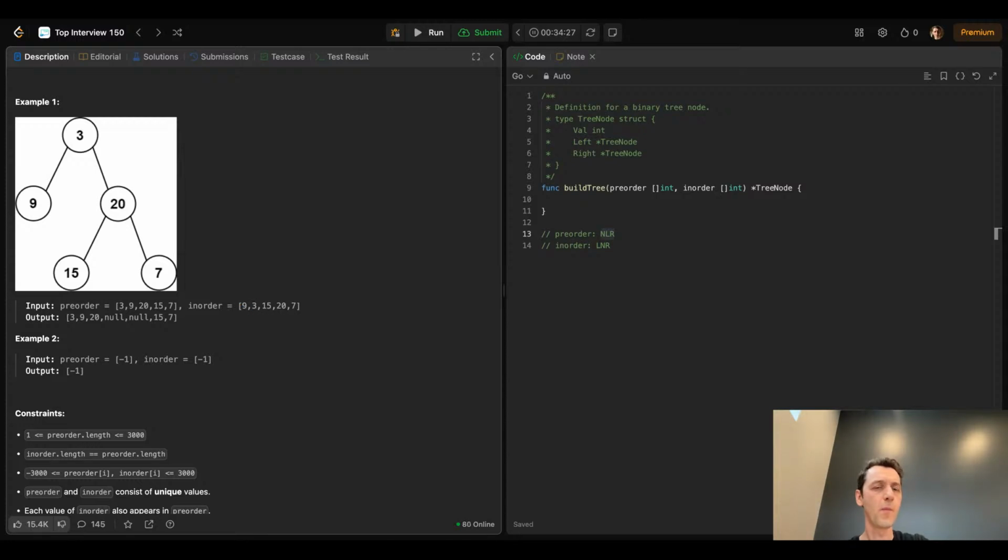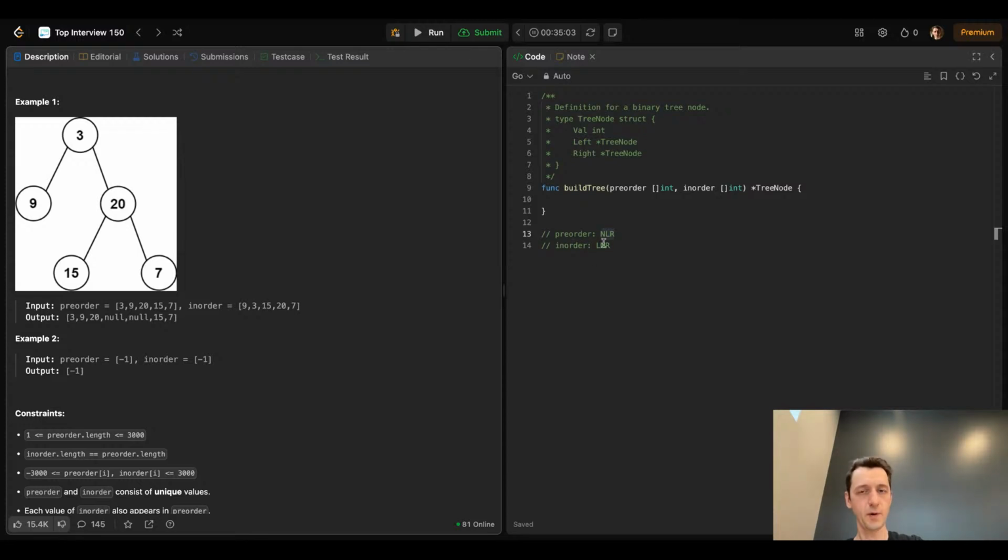But we know it's on the left. Is that already enough for us to tell that the 9 that we're looking for is a left child of 3? I think yes, because from here we know that the 9 is a child of 3.